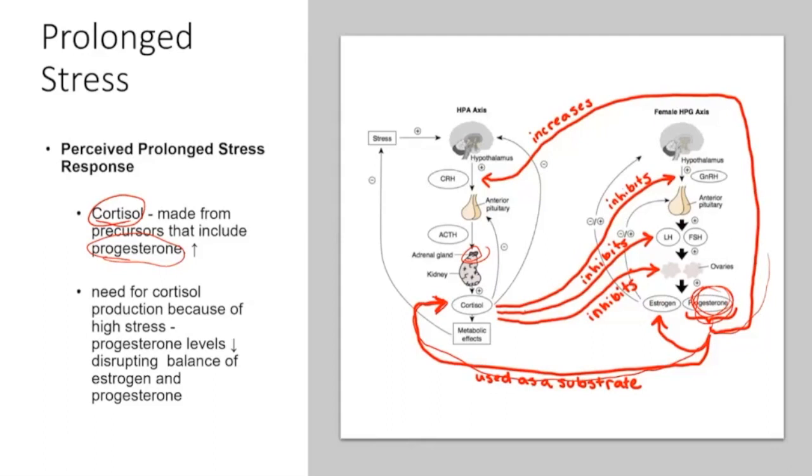When we make cortisol, it now comes in and inhibits the ovaries. It inhibits the hormones, the luteinizing and the follicle stimulating hormone. And then it also inhibits higher up at the hypothalamus. And we have this kind of vicious cycle that starts going around and around. But the main thing to realize is that progesterone goes down.